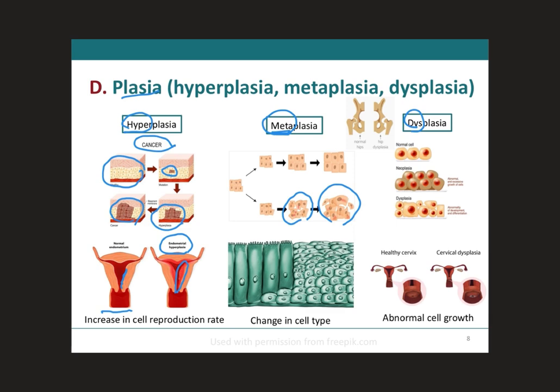The most common type is the intestinal metaplasia. Here, the cells of your stomach are going to be replaced with cells that are similar to those, for example, of your intestines. Or in this example of the image, the columnar mucosal epithelium is converted into stratified squamous epithelium.